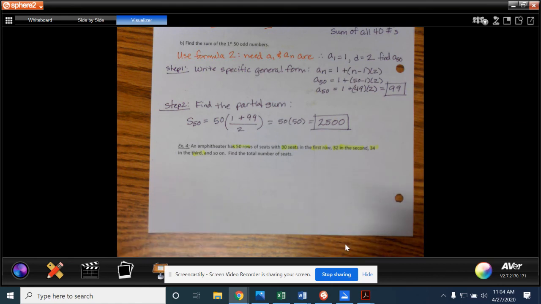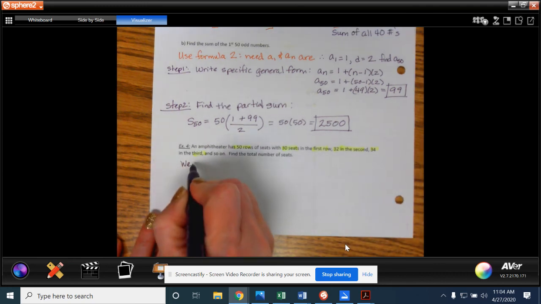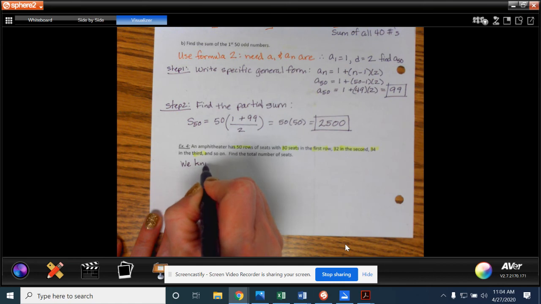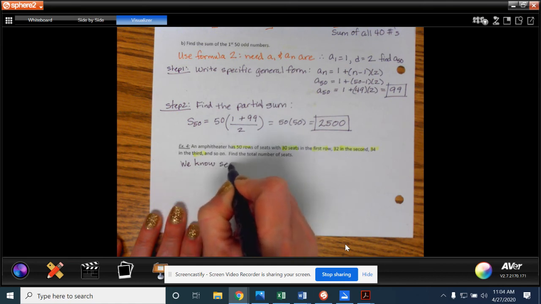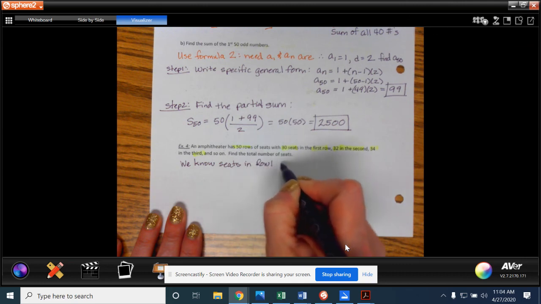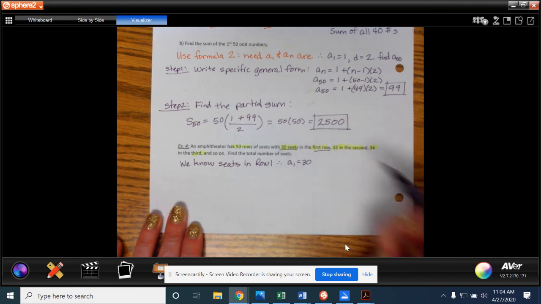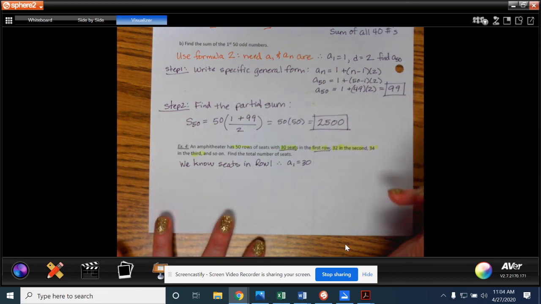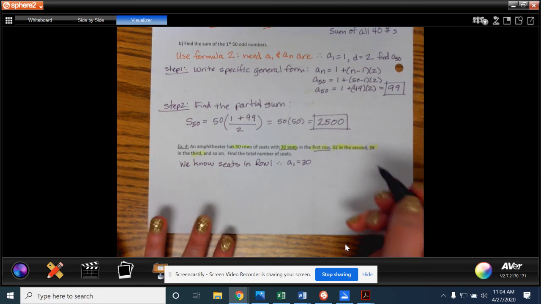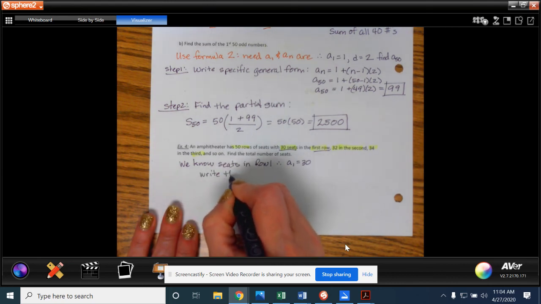So we need to know how many are in row 1. Well, that's easy. So let me write that. We know seats in row 1, which means I know a of 1 equals 30. That much I know is first row. And let's write the sequence that we know.